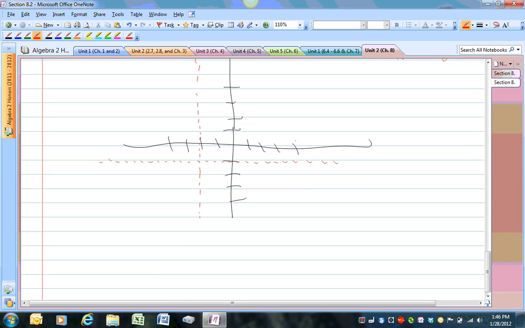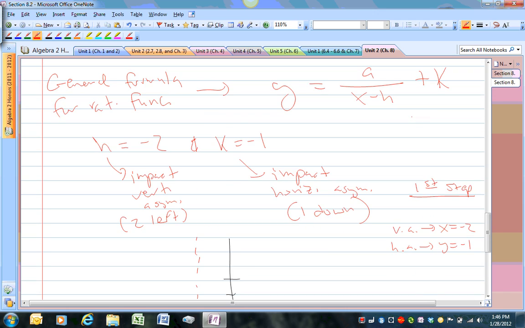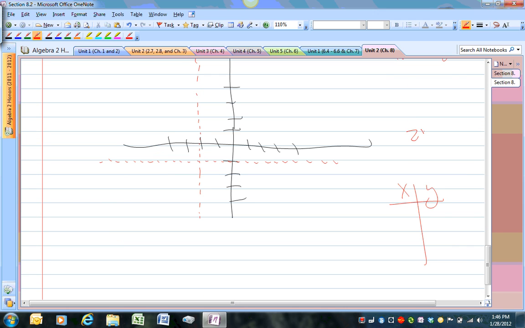And then what we can do is make a quick table. So the first step was the asymptote. Second step, quick table. And I'm going to choose the following values: negative 1 and 0, and negative 3 and negative 4. The reason I choose these values is because they're very close to the asymptotes, so I can see how the graph is turning when we get close to the asymptotes.